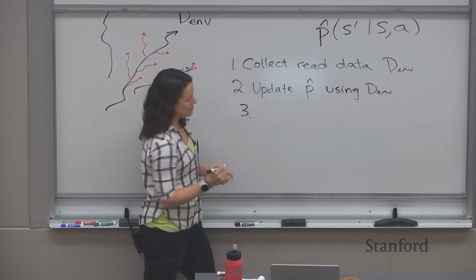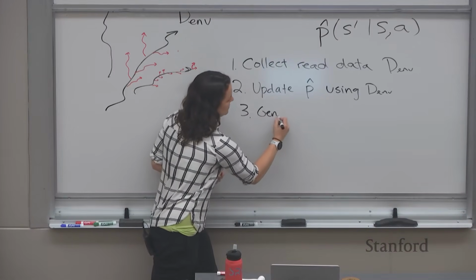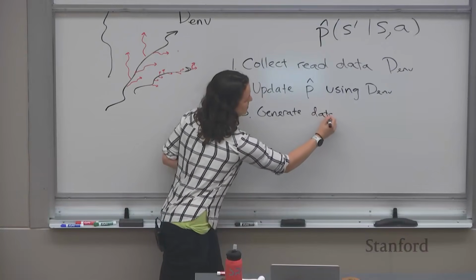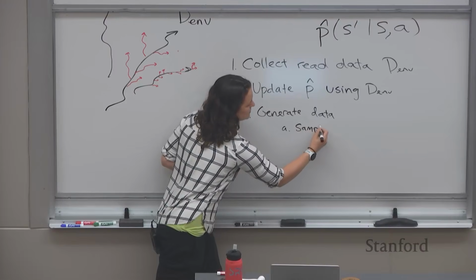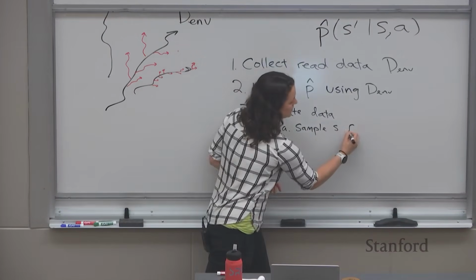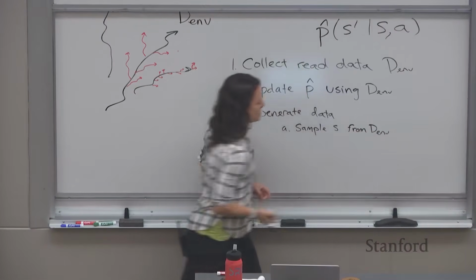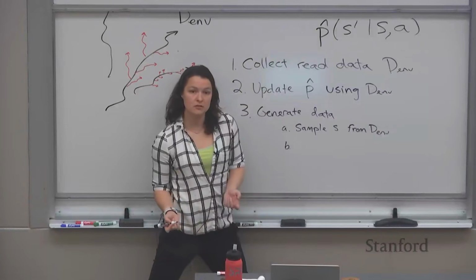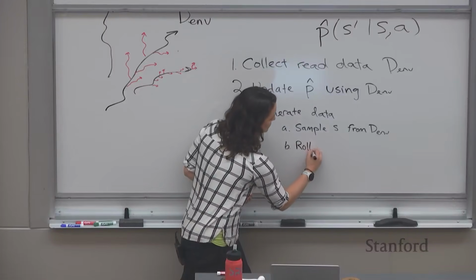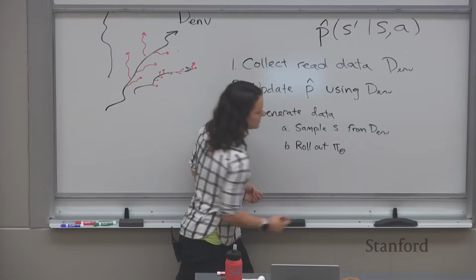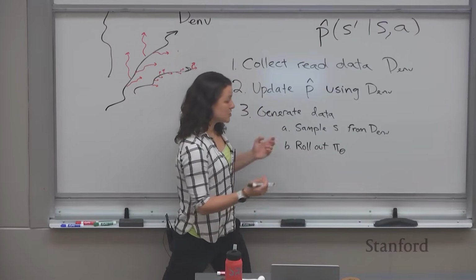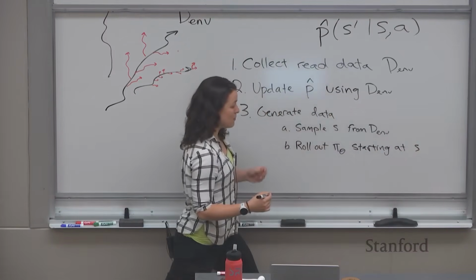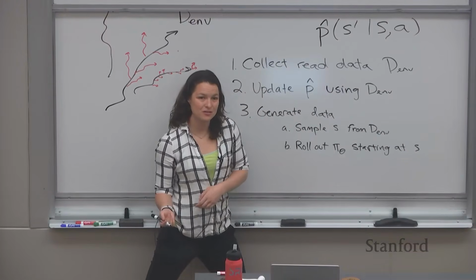And then we can generate data, and the generation process looks like this: first sample some s from your real data, and then generate a short trajectory starting from s, where you roll out your policy or whatever exploration policy you have, starting from s, but then we'll be doing this rollout inside your learned model.